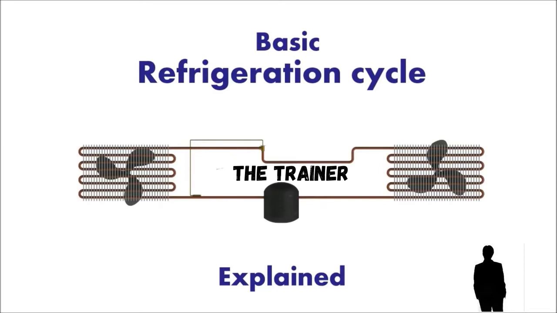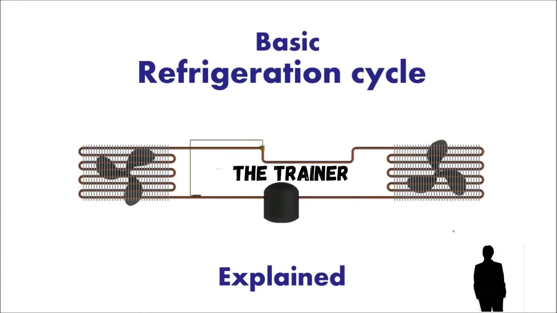So to do this, we send the refrigerant around, and the four components will help it pick up the heat and dump it. What these four components will do is change the temperature and the pressure of the refrigerant, and that is how the cooling and heating is produced.